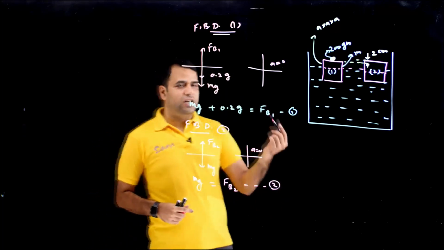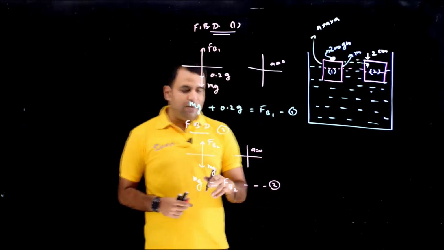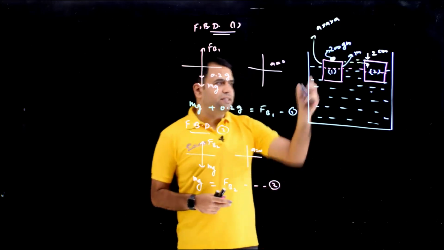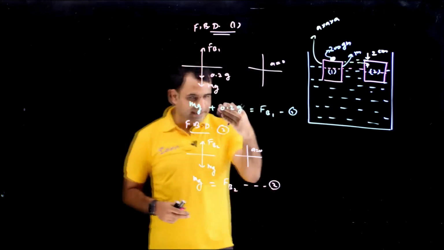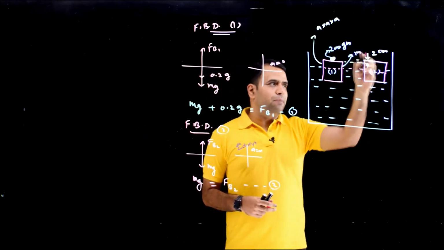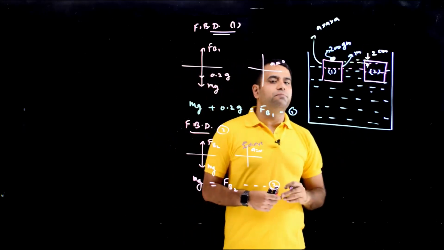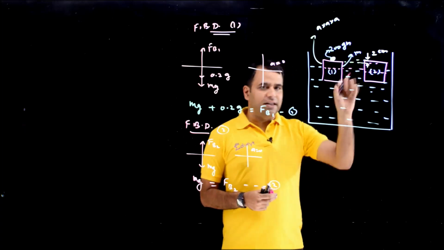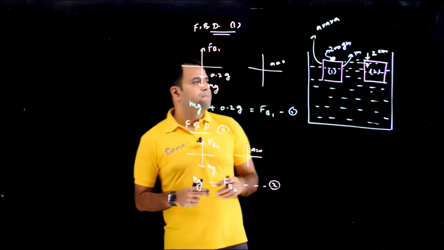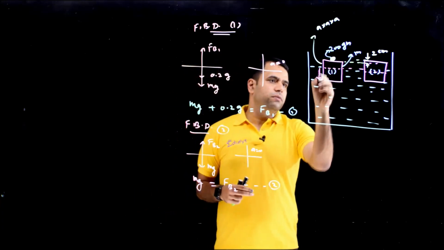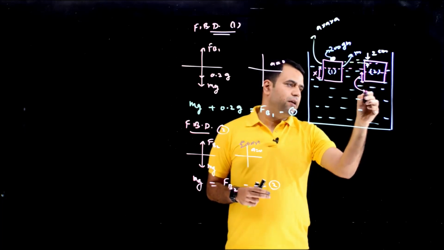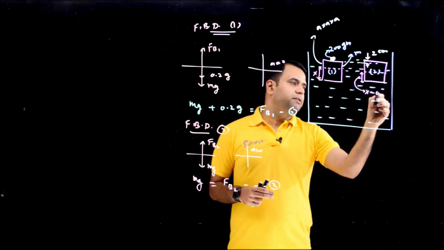Since I have to calculate the value of m here, the value of m will be equal to FB1 minus FB2. If you see these two cases, here it is going up, so there is a reduction of buoyant force, and that reduction of buoyant force will be accounting for this mg. So let's assume this dimension to be x. In this case, the dimension will become x minus 0.02.